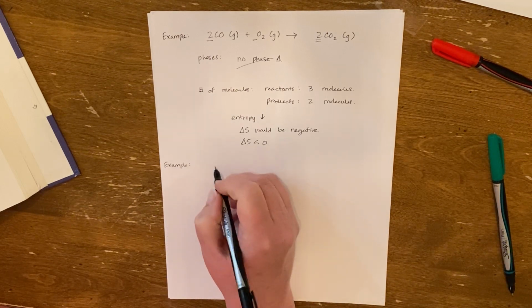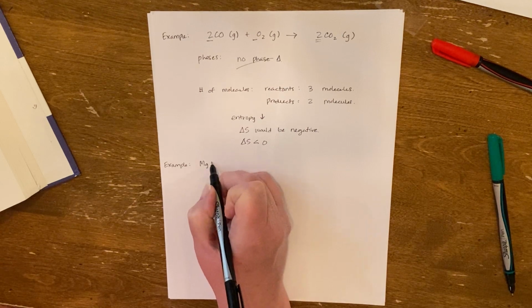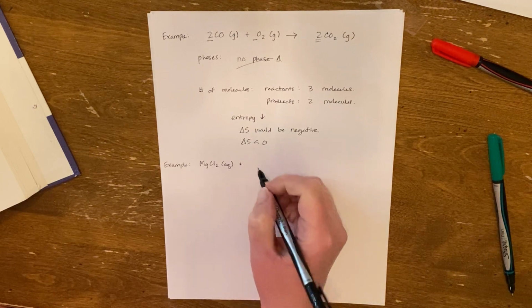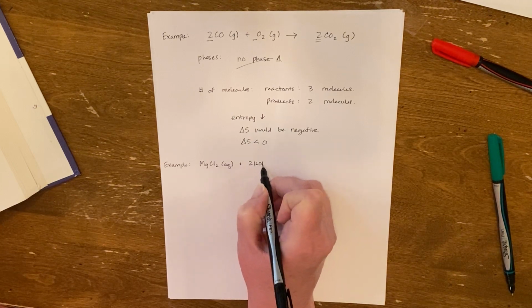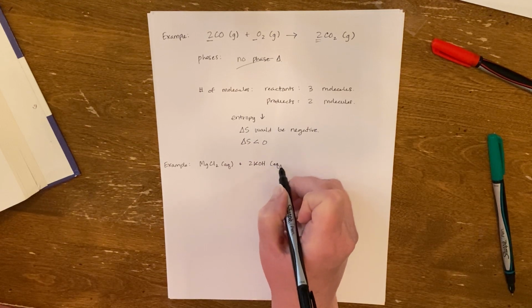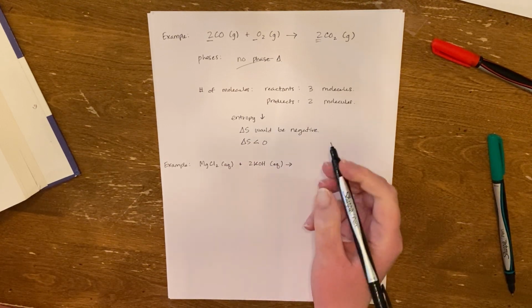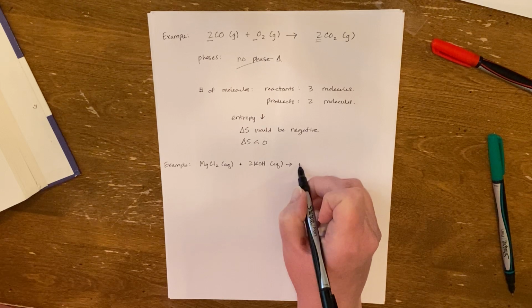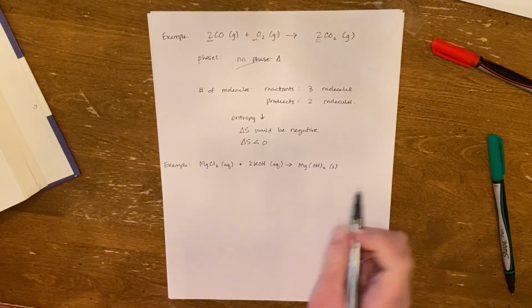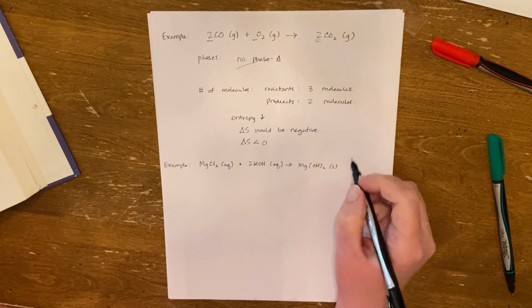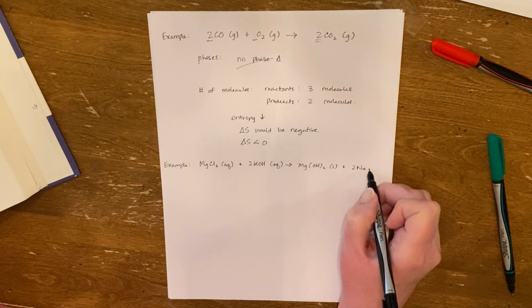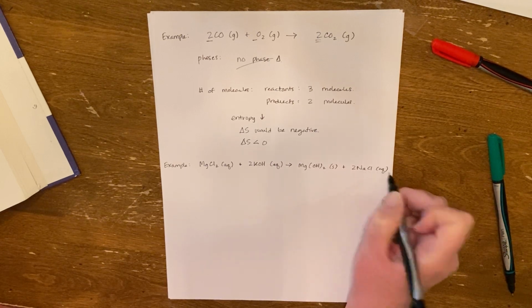Okay, MgCl2 aqueous, plus 2KOH aqueous, yields Mg(OH)2 solid, so something's going to precipitate out of this, plus 2 NaCl aqueous.